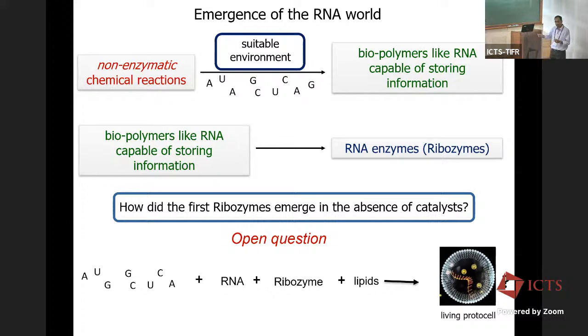these long RNA chains? And more importantly, it's not enough to produce RNA chains. We need to produce functional RNA chains which can have certain functions like enzymatic activity. So how did RNA enzymes like ribozymes emerge through non-enzymatic reactions only?